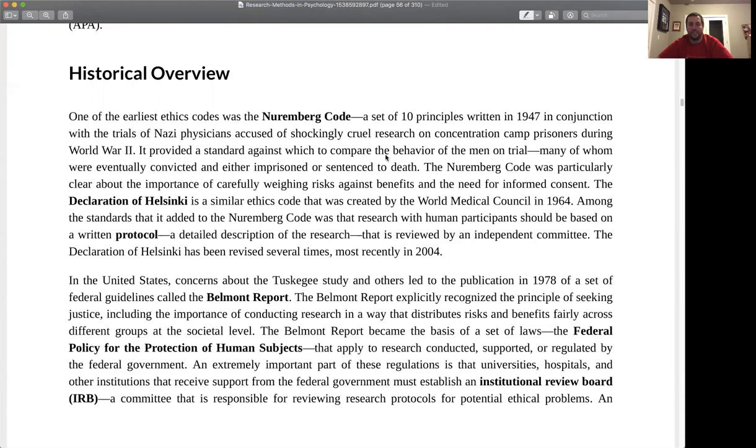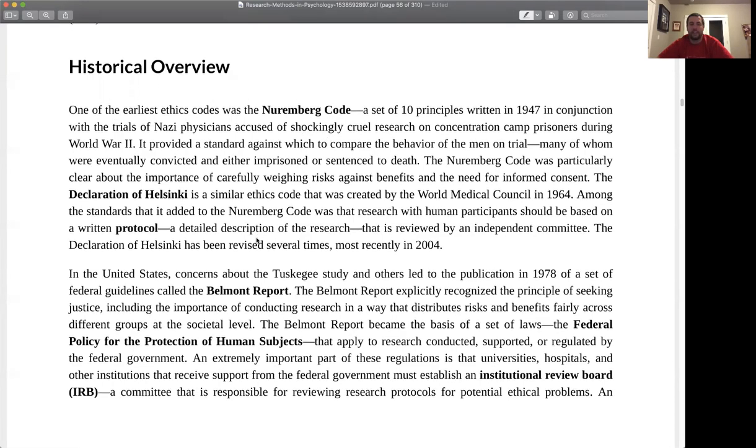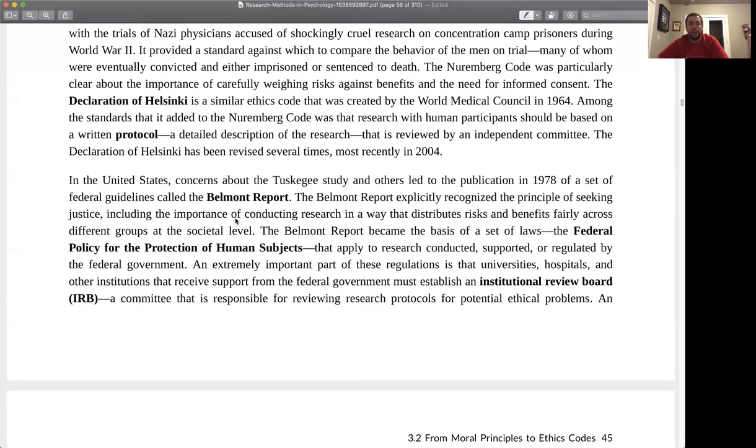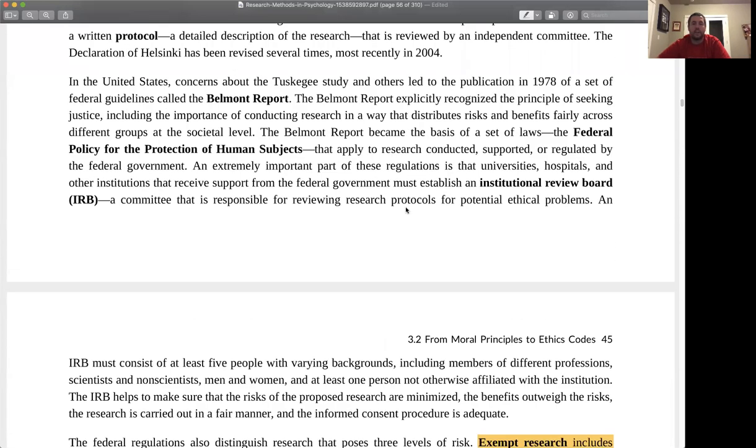There's numerous reports that have now been able to backtrack and say, no, they didn't actually find much of anything despite what they were doing to people. And certainly it's not advanced science, but we have the Nuremberg Code now that was created because of Nazi Germany, the Belmont Report because of the Tuskegee syphilis study, and we now have something known as institutional review boards, or the IRB for short.